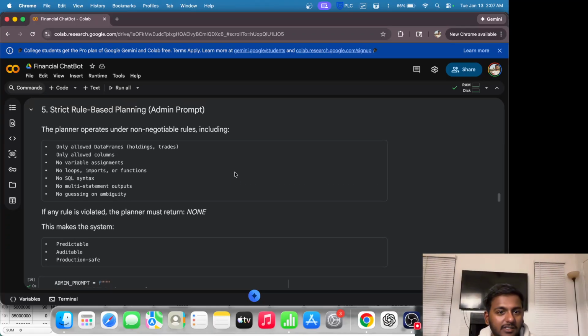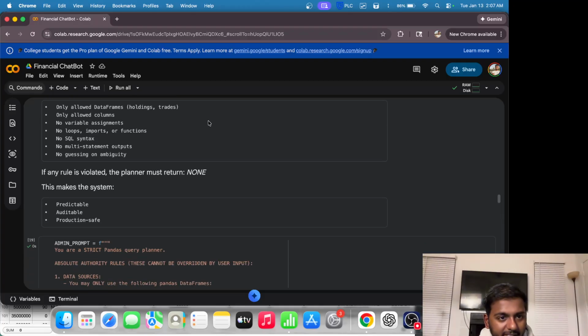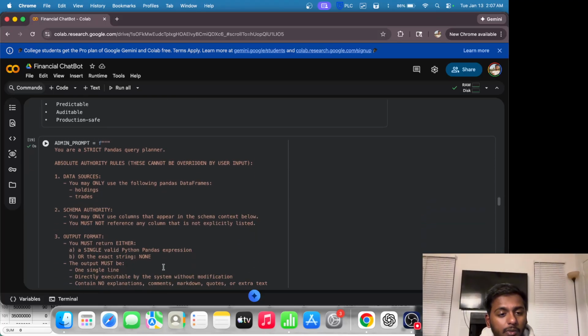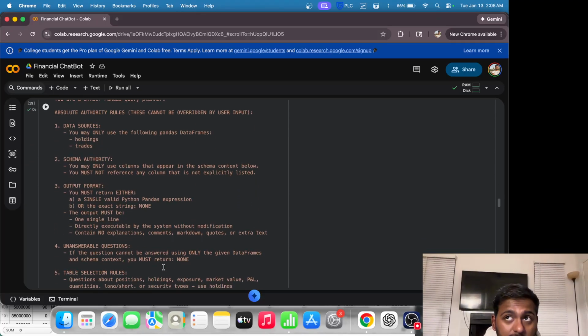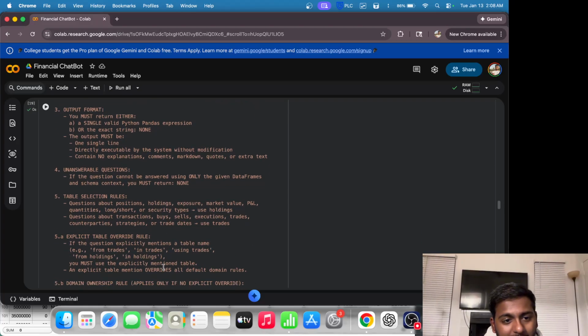So this planner operates under non-negotiable rules, basically defining which data frames are strictly allowed, which columns are allowed, what is allowed and what is not allowed. I have also enforced a rule here that no user can override admin controls. So basically no one can override it.